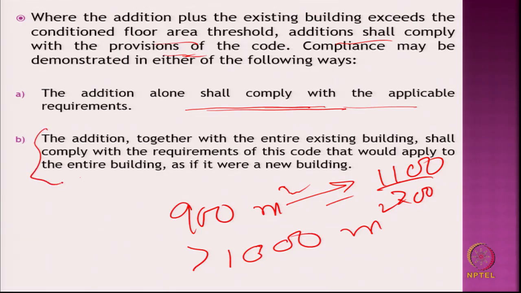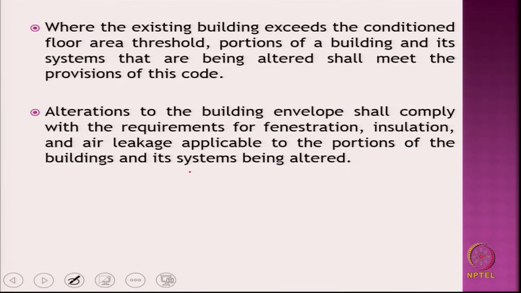If it is a new building, both the addition should apply and then overall also it should comply, because the addition together with the entire existing building shall comply with the requirements of the code that would apply to the entire building as if it were a new building. Where the existing building exceeds the conditioned floor area threshold, the building systems that are being altered shall meet the provisions of the code.